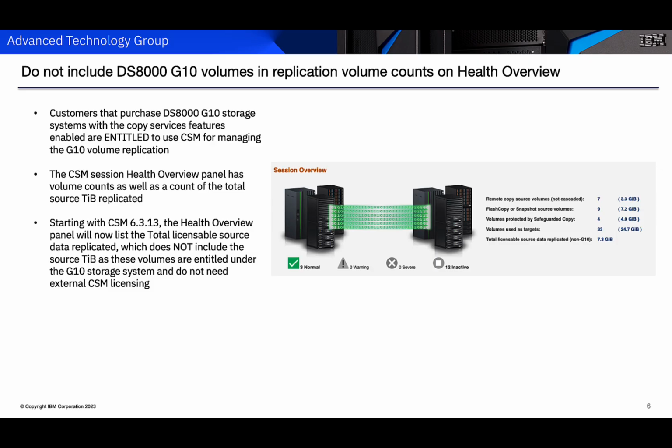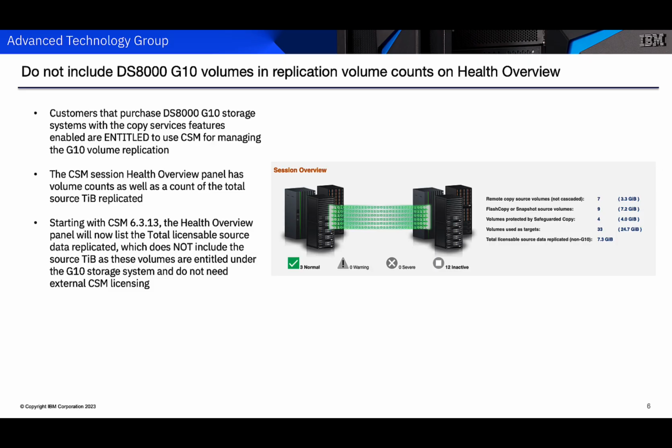Because of the G10 entitlement, our 6.3.13 release will now not include G10 volumes in that total of source terabytes replicated. That last line on the health overview was reworded a little bit, and now it says total licensable source data replicated non-G10.